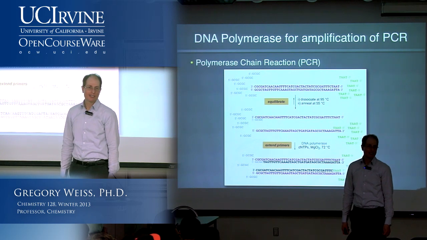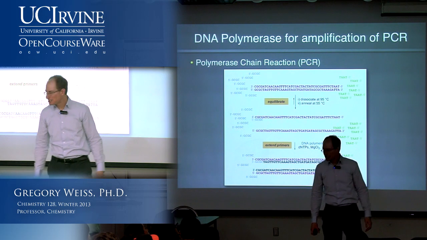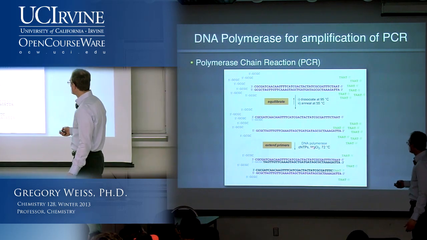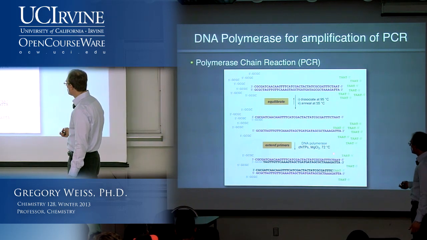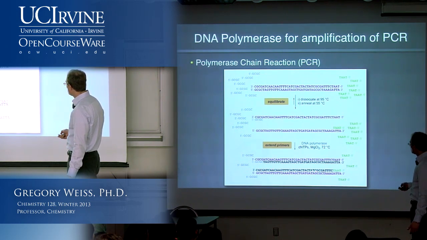It's in an organism found in these hot springs that has evolved to operate at this temperature. And so at 72 degrees, the enzyme starts cranking. At the lower temperature, it's not working. At the higher temperature, it stops working. But at 72 degrees, it's love and life. Again, this is Celsius. This is pretty warm. It starts synthesizing this black strand of DNA.